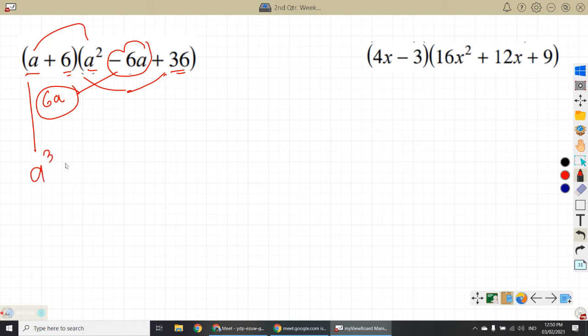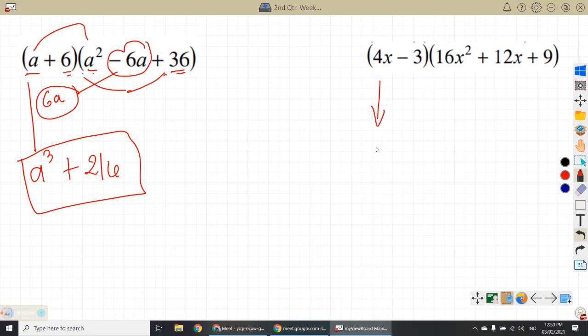A cube plus 6 times 6, 36 times 6, 216. Final answer. Okay? Ganun lang kadali, no? So, ito, halimbawa, alam mo na yan, mag-cube ka na lang. So, we have 4 times 4, 16 times 4, 64 x cube minus 27. Ganun lang kadali.